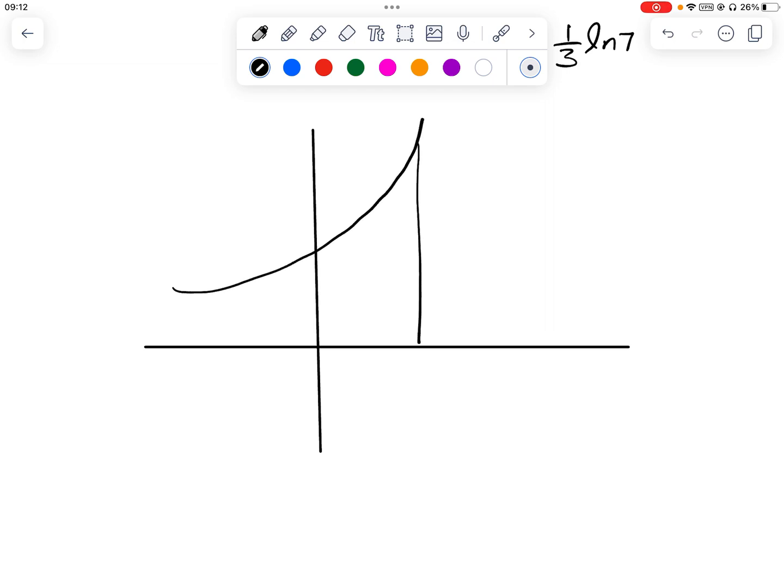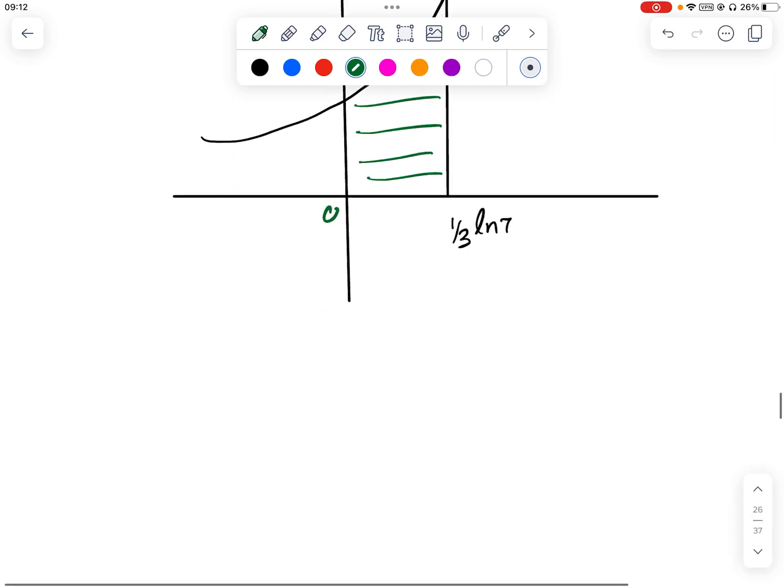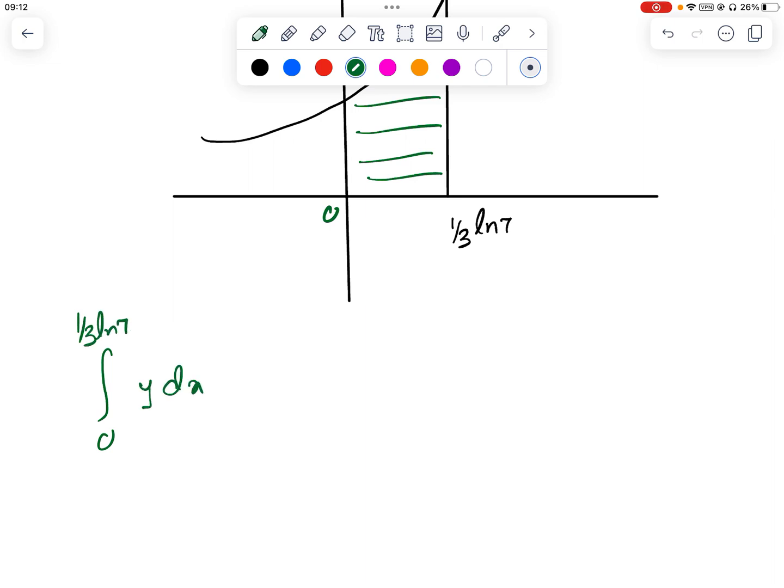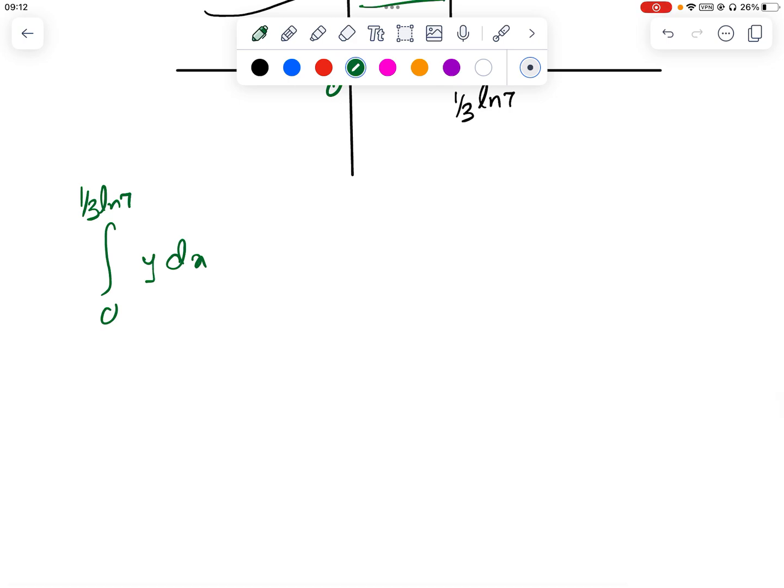Then x value was 1/3 ln 7, and he is asking us to find this particular area. So the lower limit is 0, the upper limit is 1/3 ln 7. Integral of y dx is going to be the area. So the integral from 0 to 1/3 ln 7 of e^(3x) + 1 dx.